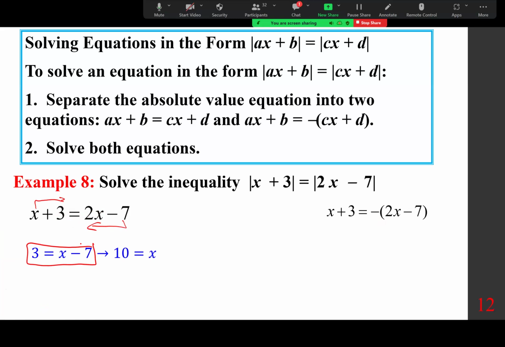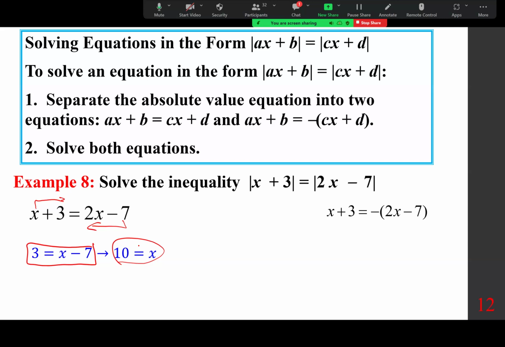When I move the x and negative 7 simultaneously, I get x equals 10. So it's pretty straightforward, everybody. I hope everybody can see what happened. Basically, move things around so that x is on one side, number is on one side, and we're done.